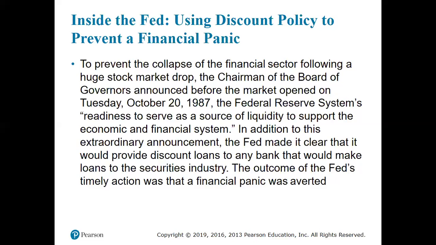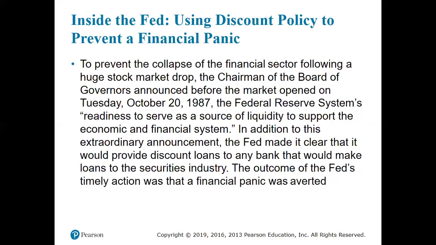And the Fed kind of said, we're ready to stand and try and provide some stability and loans to some of the parties to get them through this rough period, because the chances are the market is going to bounce back from this, if not in the next few days or weeks, somewhere in the not too distant future. And in fact, that's what happened.